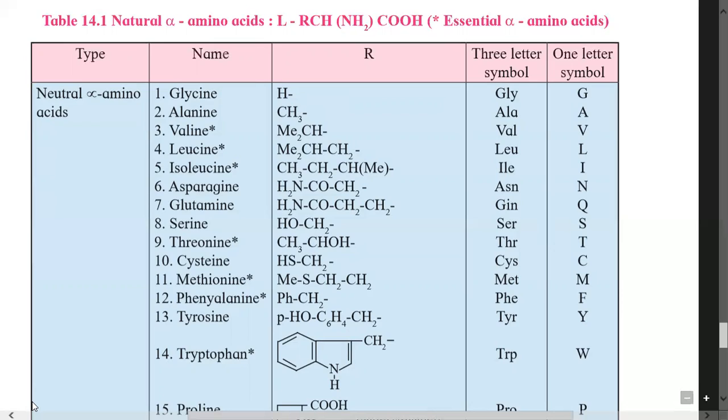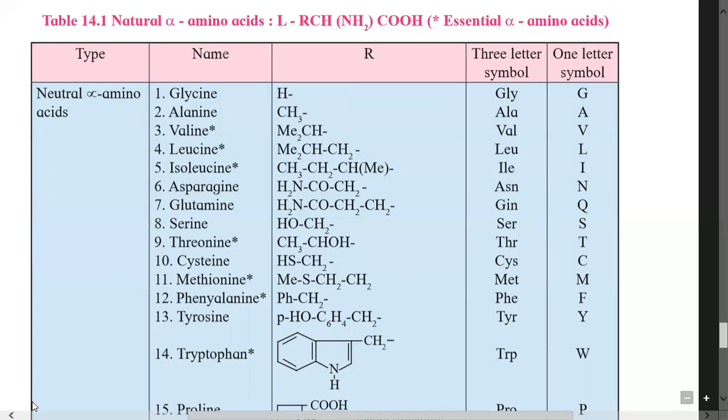The first example under neutral alpha amino acids is glycine. Glycine has the R group hydrogen. It is a very simple example of an alpha amino acid.